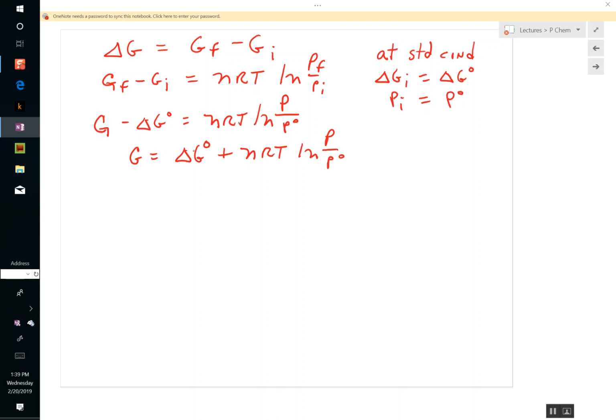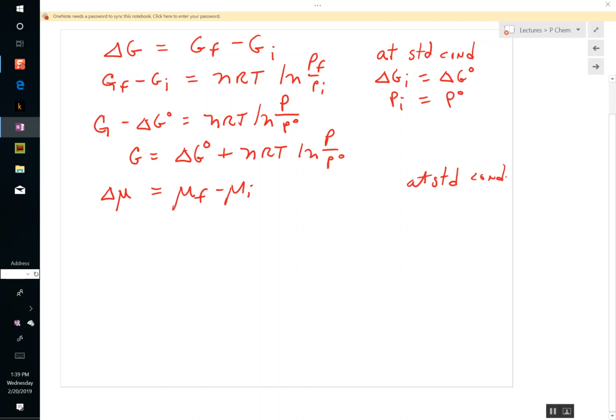Okay. So now we could do a similar thing with the change in chemical potential. It's going to be the final minus the initial. And same thing here at standard conditions. If you say standard conditions, that's 0.